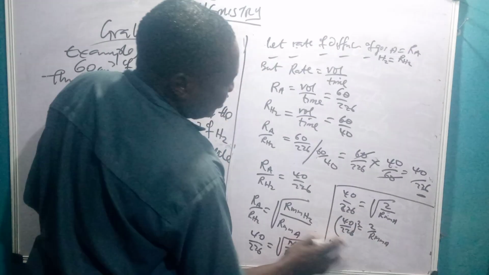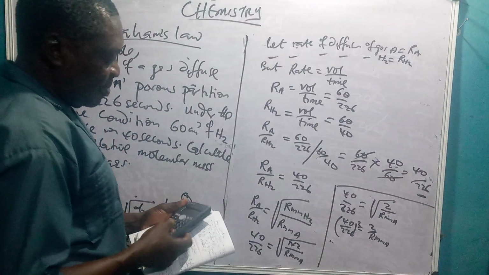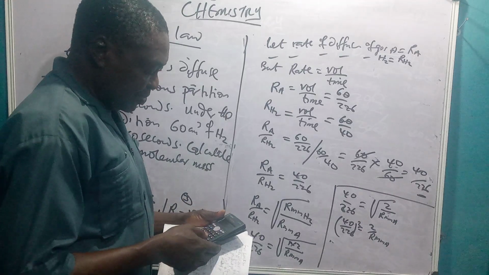Let's just multiply it first and see what we have, so that we don't skip any steps and you'll be able to understand it properly.